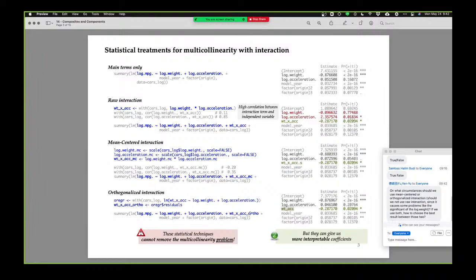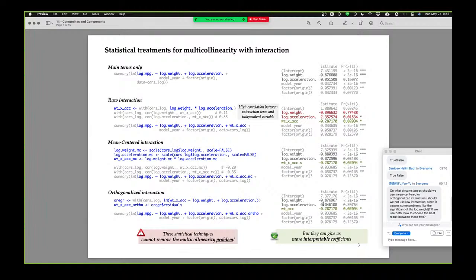It should be weight times acceleration orthogonalized. Now once again, my interaction term is what it's been the whole time. It's not changed, but my weight and acceleration are almost back to identically where they were. It's much more similar now to my original regression without the interaction term.